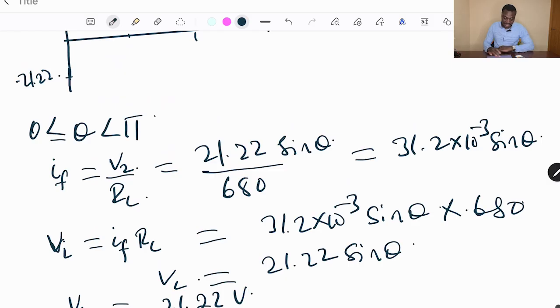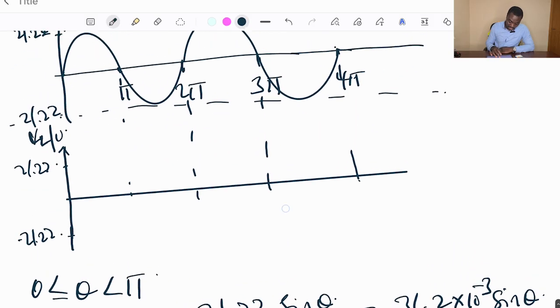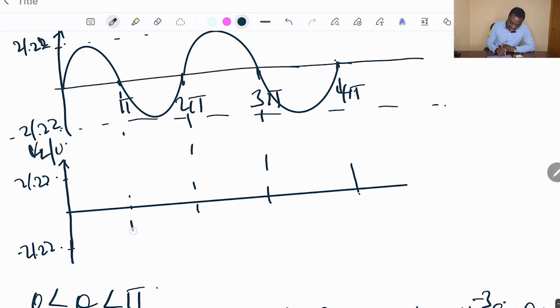Remember, this is for the range 0 to pi, where forward bias is taking place.